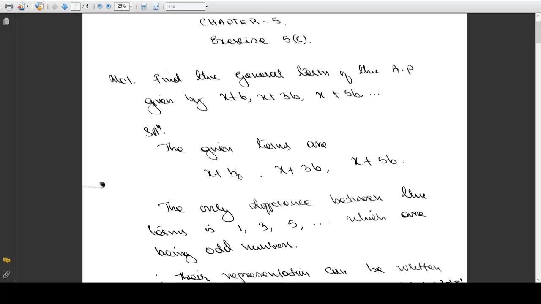That means the difference between these terms is that this b is being multiplied by an odd number, 1, 3, 5, 7, 9, and so on.